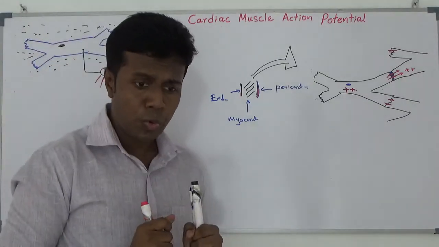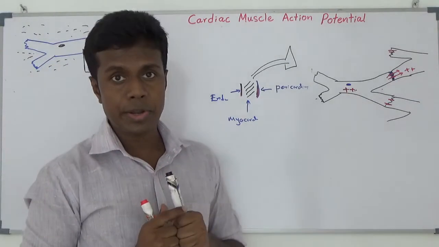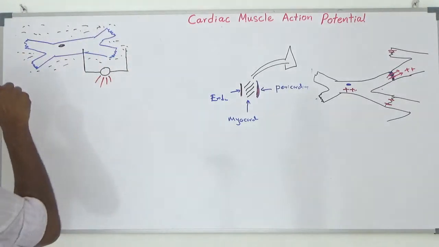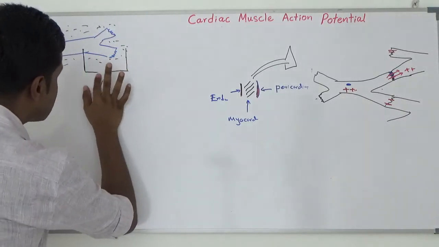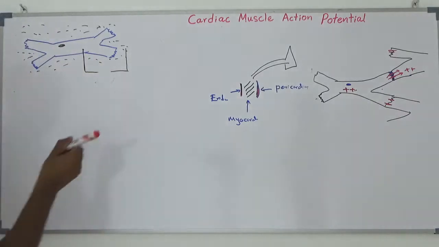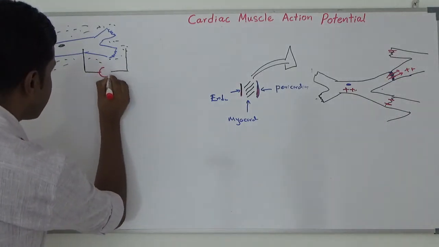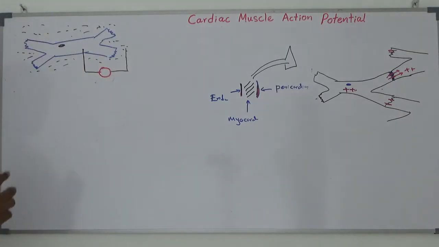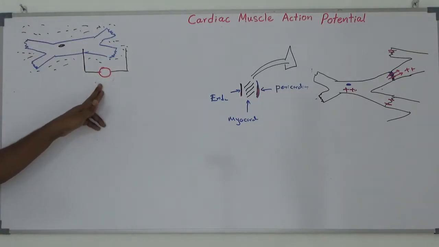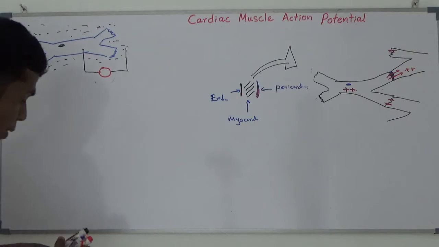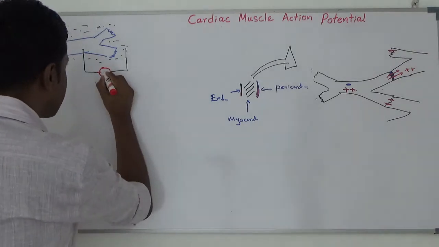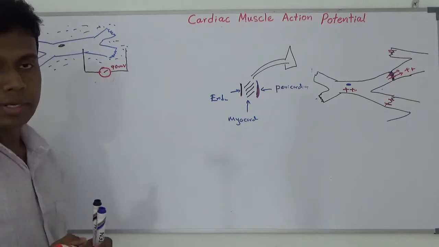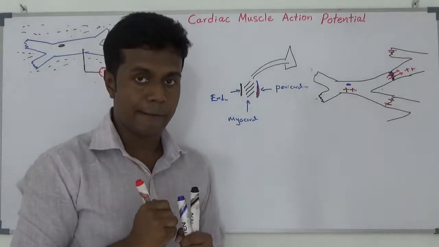Now I want to measure how much electrical difference there is between the inside and outside of the cell. To do that, I remove this bulb. Then I connect a galvanometer here. After I connect the galvanometer, what I saw is that there is about 90 millivolts of electrical difference inside and outside the cell.